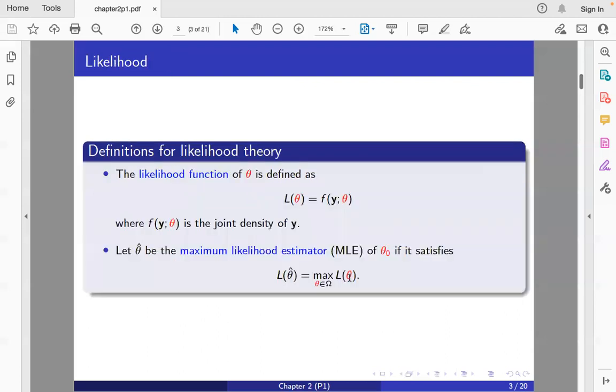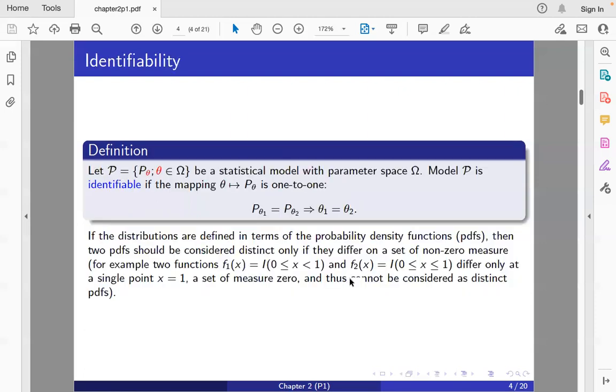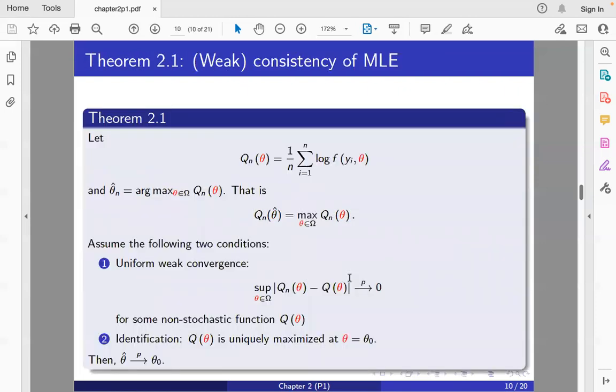Now our goal is to study the basic statistical properties of the maximum likelihood estimator. Let me move on to the goal first and then come back.